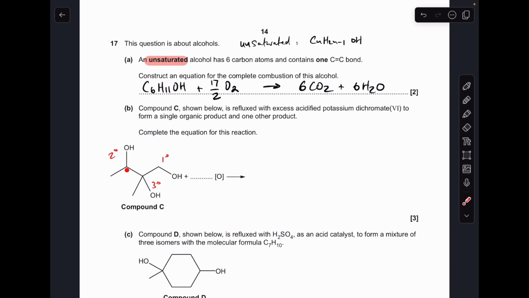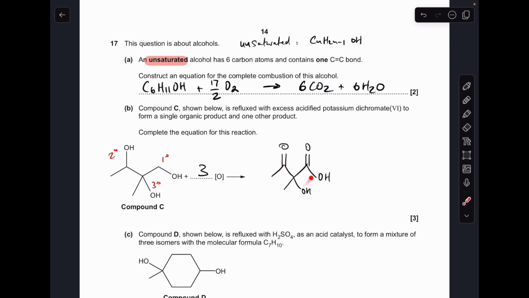The secondary alcohol can only be oxidized to a ketone, so we're just going to get 1 oxidation there. Tertiary alcohols can't be oxidized. The primary alcohol, because it's reflux, can be oxidized twice to the carboxylic acid. So we're going to get a total of 3 oxidation reactions, so we need 3 moles of oxidizing agent.